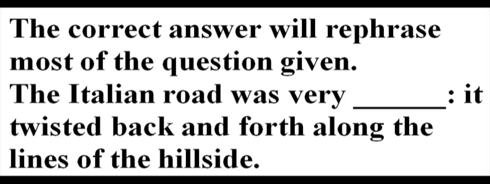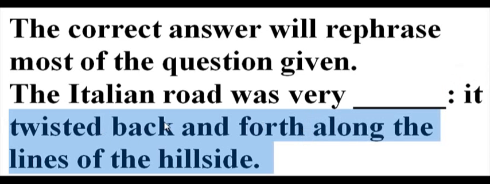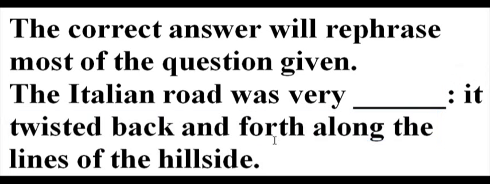So what are we going to rephrase here? Well, the part that we're going to rephrase is the part that defines this missing word. How do we know it's going to be a definition? Because it's going to have this colon. Remember, every time that you have a colon, what follows after the colon is going to be the definition of the word. And our definition is this: twisted back and forth along the lines of the hillside.